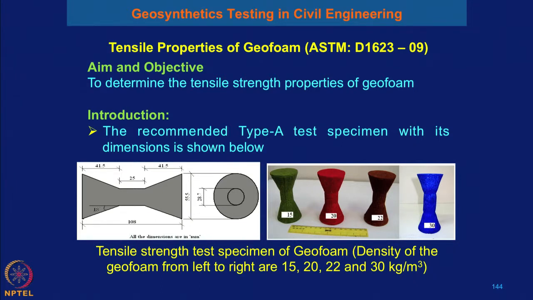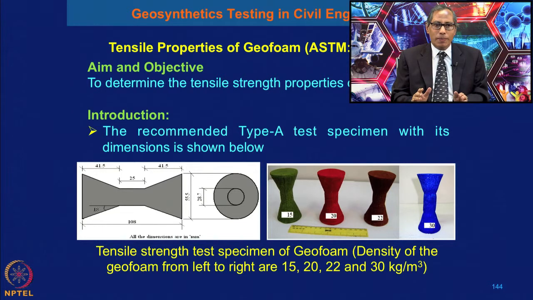The recommended type A test specimen with this dimension is shown here, because there are different types of tensile strength tests of the EPS geoform material. Equally, we have also developed a certain kind of tensile strength test of the EPS geoform, where in our case you can prepare the sample easily and perform the test very easily with respect to the ASTM code specification.